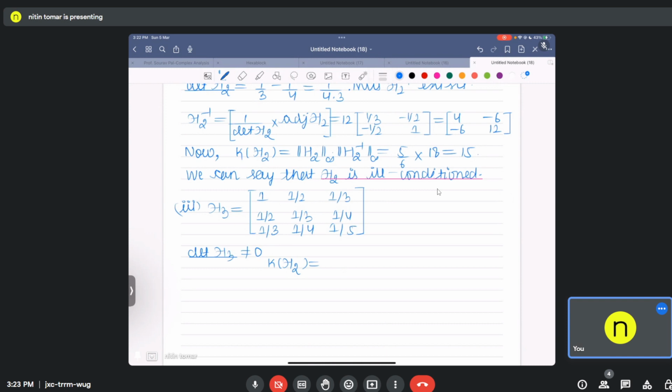I think the first row, 1 plus 1 by 2 plus 1 by 3. No, I don't get you, sorry. So it will be norm of H3 times its inverse, right? Yes, sorry, I got that, H3 it is.